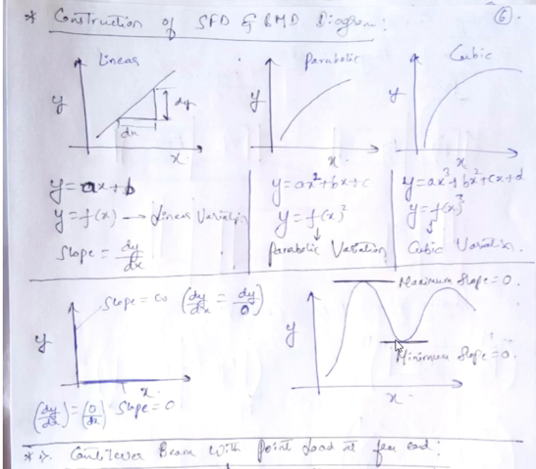Again, at the minimum point, if I want the slope at this point, I am going to draw a tangent. That tangent is again horizontal. So for a horizontal line, again the slope is 0. So remember this point. For the maximum point in any curve, slope will be 0, and for the minimum point in any curve, slope will be 0.